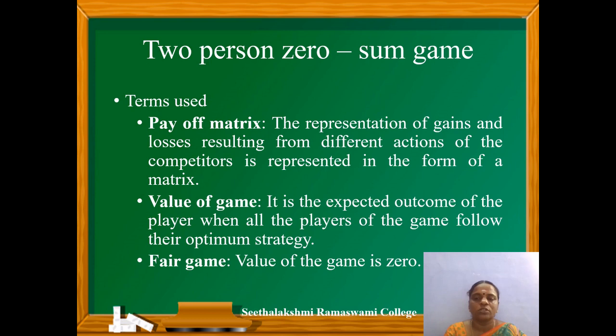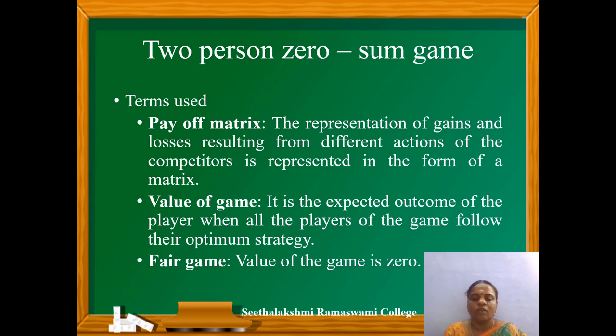Next one is the two-person zero-sum game. First we see the definition of payoff matrix. The representation of gains and losses resulting from different actions of the competitors is represented in the form of a matrix. Value of a game is the expected payoff outcome of the player when all the players of the game follow their optimum strategy.